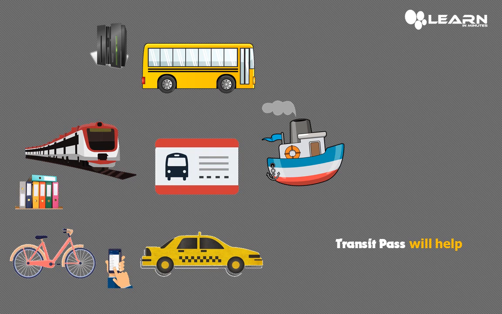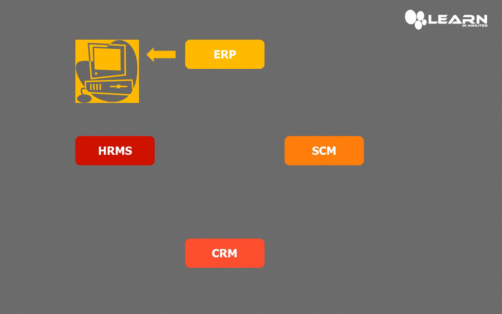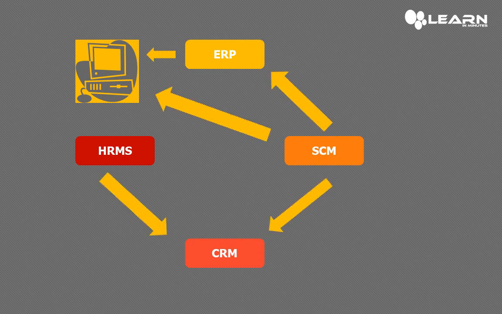A similar mechanism is there in the ERP. When considering the ERP or the enterprise systems, there will be ERP, SCM, HRMS, CRM, anything. Those systems will be communicating among themselves for all the processes.